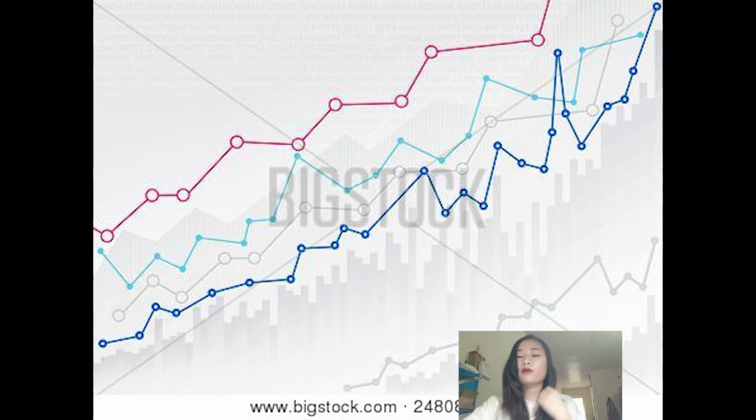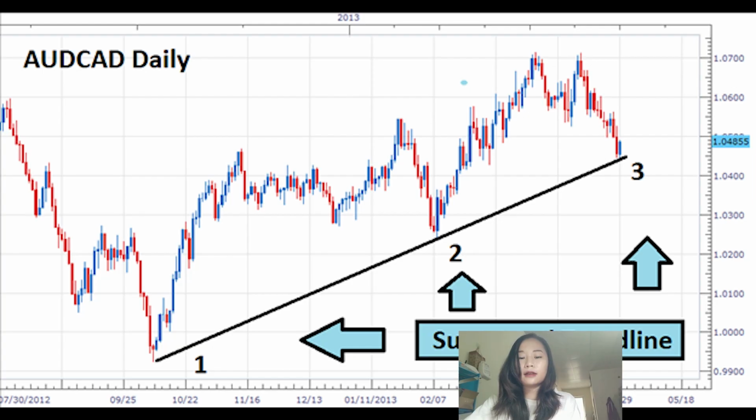The rectangle formation. The rectangle formation often goes by other names, but is usually easy to spot on a price chart. It represents a pause in the trend during which prices move sideways between two parallel horizontal lines. The rectangle is sometimes referred to as a trading range or a congestion area.